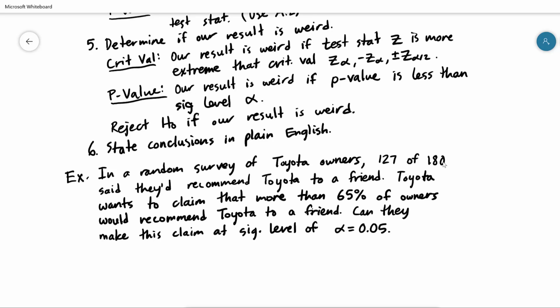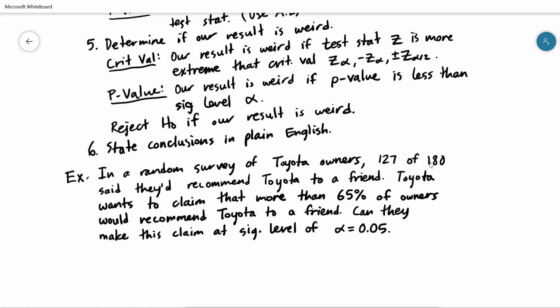Is that less than 5% of all Toyota owners? Are there at least 20 times that many Toyota owners? Well, 20 times that number would still be less than 4,000. And there's certainly more than 4,000 Toyota owners. So certainly our sample is small compared to the population of all Toyota owners, so we're in good shape there.